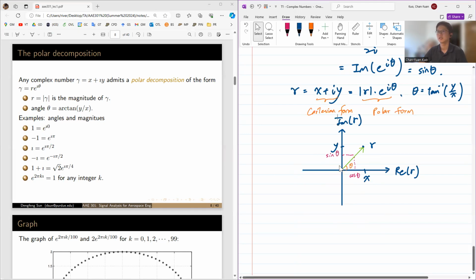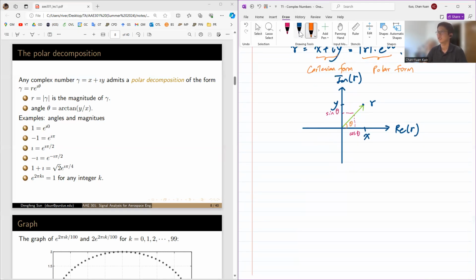Great. So let's take a look at some examples. Say now we have a complex number gamma equals 1 plus i, and we see that this is in Cartesian form. Now let's see how we can express this in polar form. The first thing we need to do is to evaluate the magnitude of this complex number.